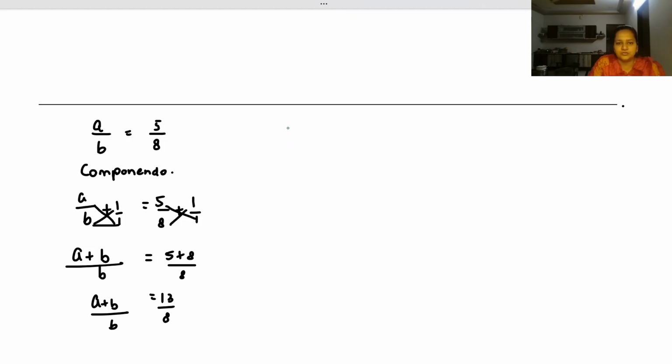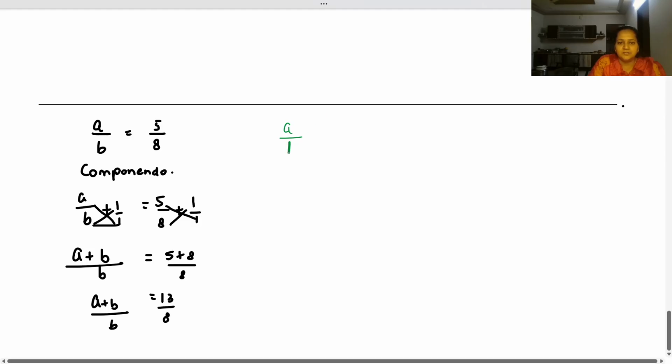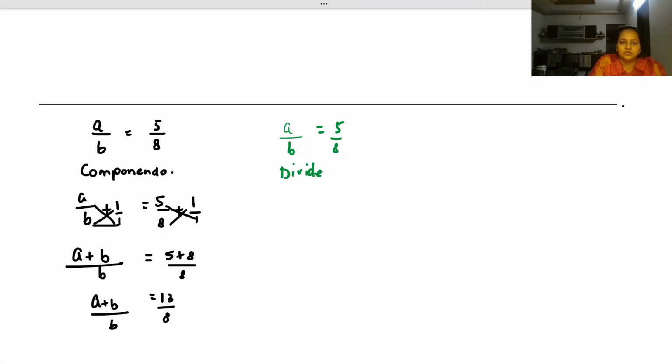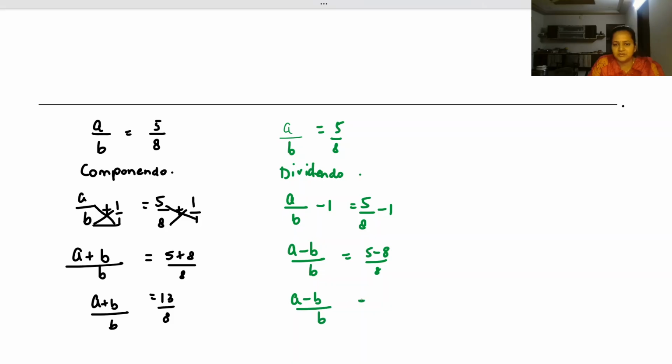If we go to dividendo, A upon B is 5 upon 8. Dividendo means instead of adding, this time we are going to subtract 1. So we are going to get A minus B upon B is 5 minus 8 upon 8. So we get A minus B upon B is nothing but minus 3 by 8.